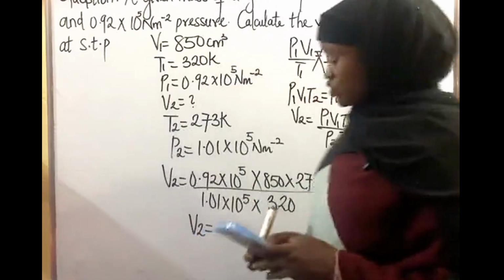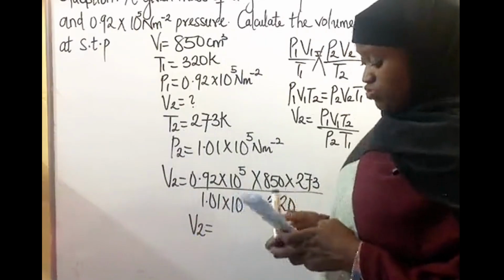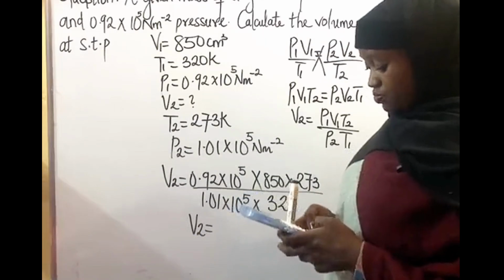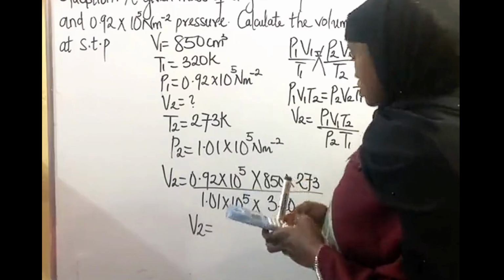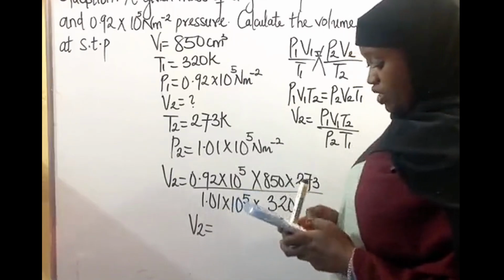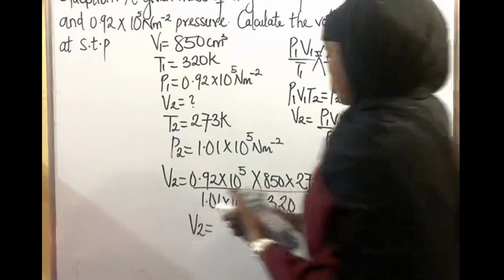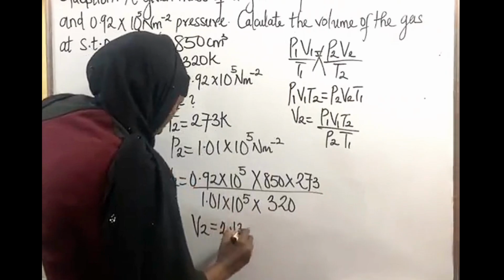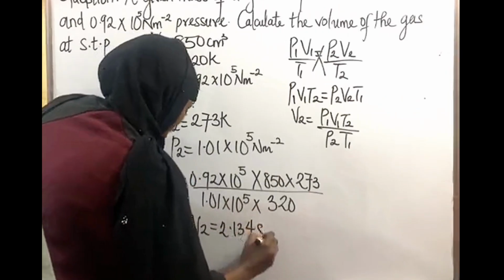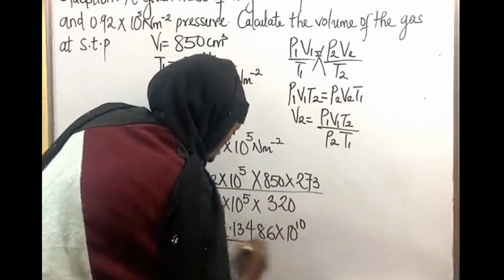So now let's do this together, viewers. So we have 0.92 times 10 to the power of 5 times 850 times 273. Okay, so we have this, and this gives us a value of 2.13486 times 10 to the power of 10 all over.